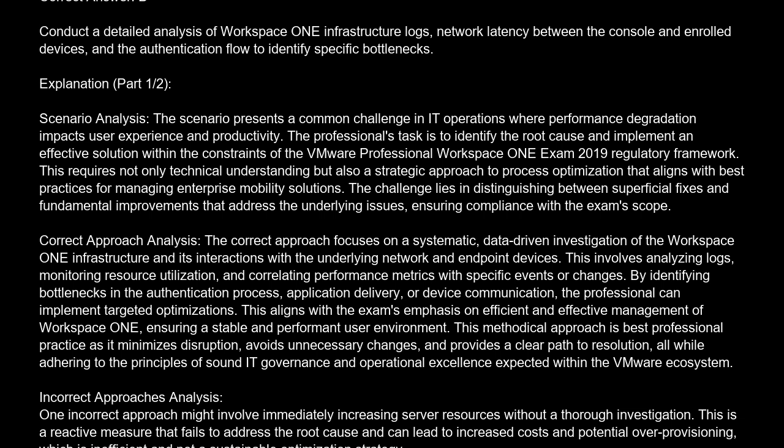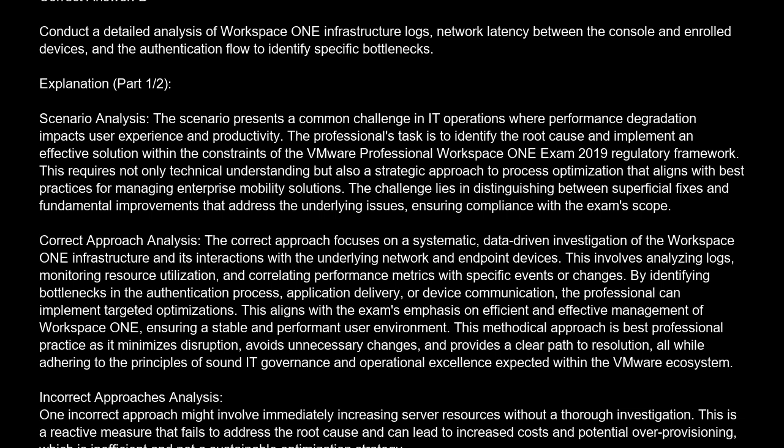Correct approach analysis. The correct approach focuses on a systematic, data-driven investigation of the Workspace ONE infrastructure and its interactions with the underlying network and endpoint devices. This involves analyzing logs, monitoring resource utilization, and correlating performance metrics with specific events or changes. By identifying bottlenecks in the authentication process, application delivery, or device communication, the professional can implement targeted optimizations.